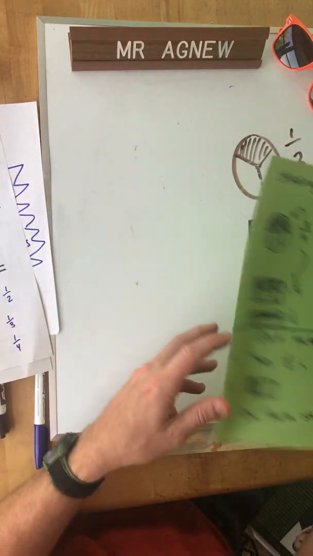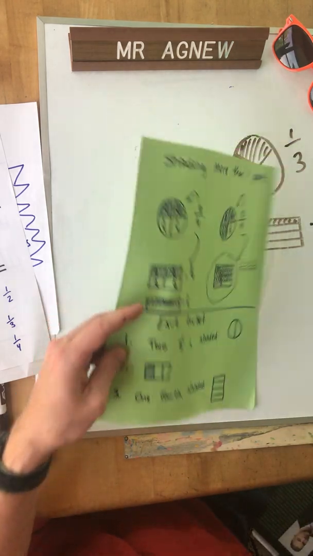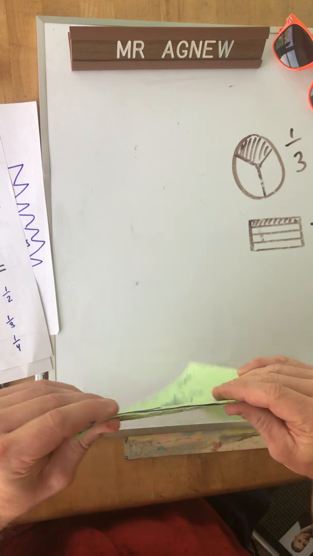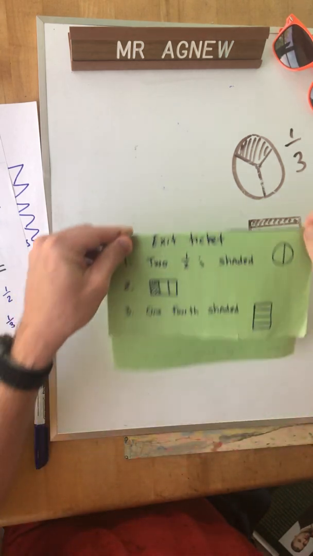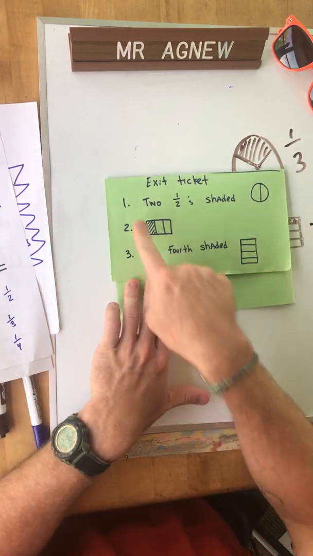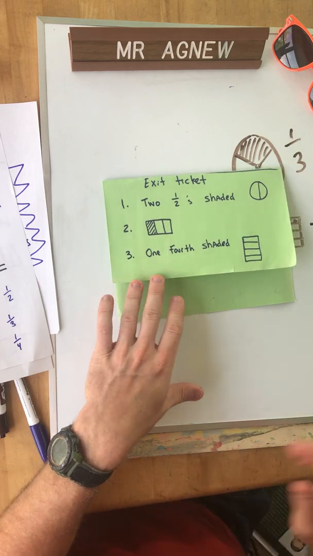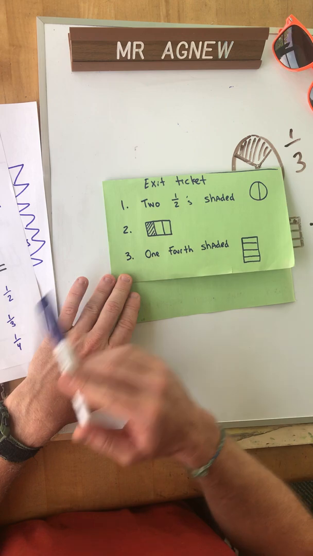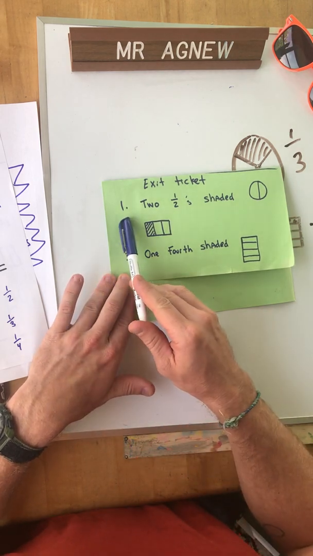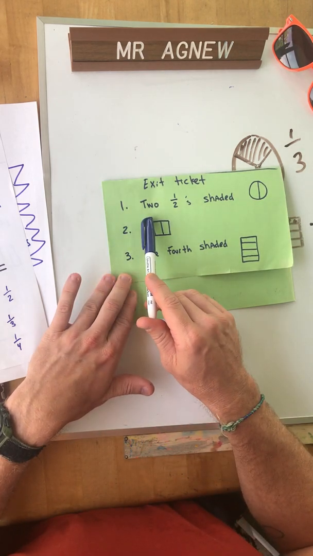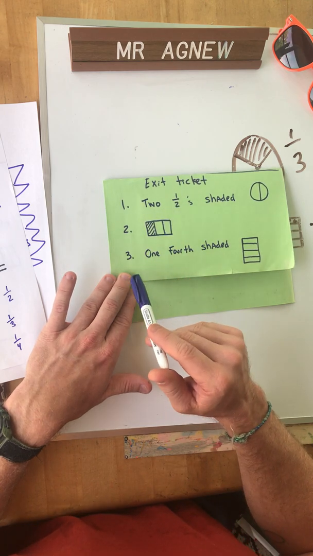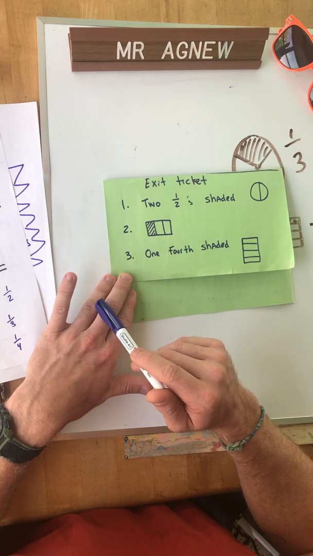Now let's talk about your exit ticket. I'm going to fold this over so you only get to see the exit ticket. Exit ticket, number 1. Now you can click to the next step on our Google Classroom to find our exit ticket, but I want to review it real quick. Number 1, you need to pick the shape that has 2 of the halves shaded.